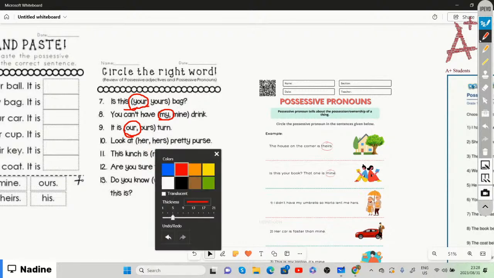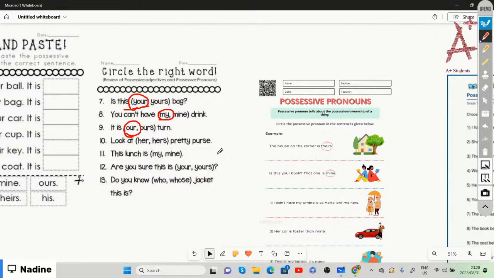All right, so we're going with the first one, which is my. So this is my. We can say this is mine, or are you sure this is your size or yours?